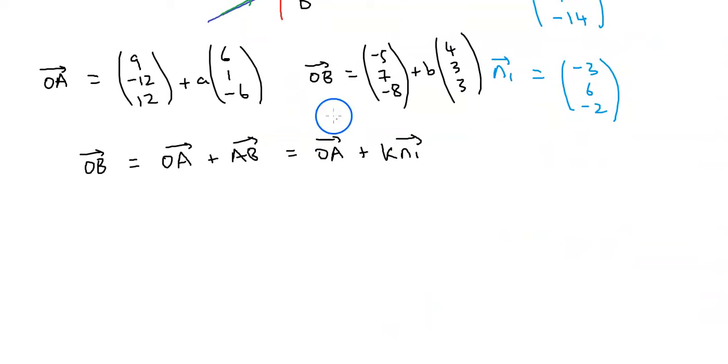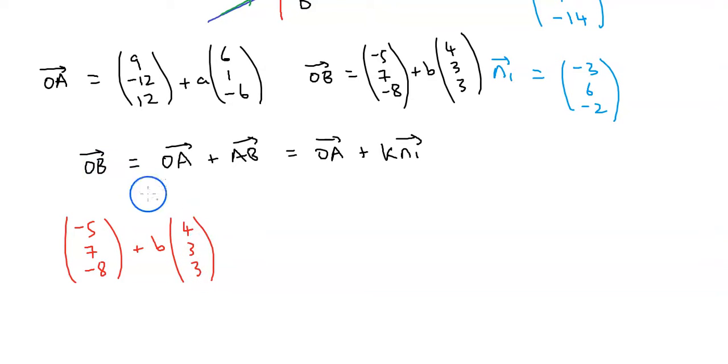Okay, so subbing everything in, we've got negative 5, 7, negative 8 plus B times 4, 3, 3. So that's our vector OB.